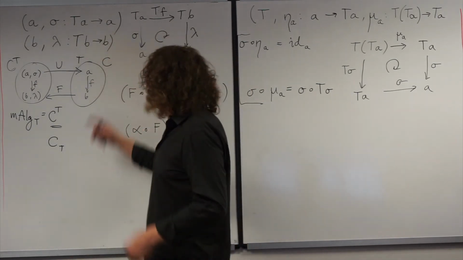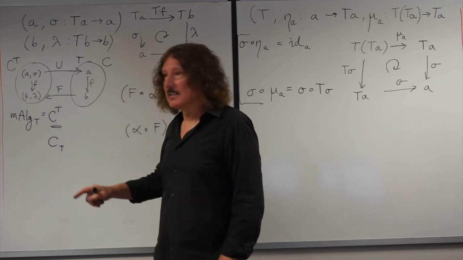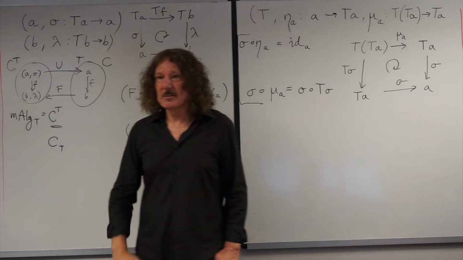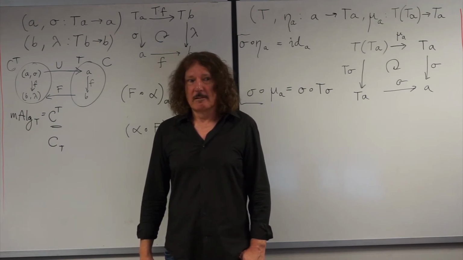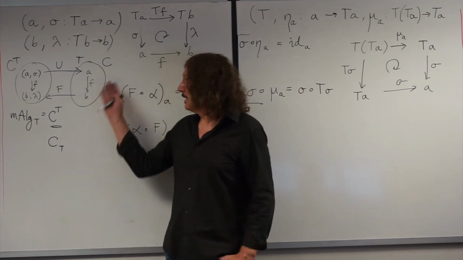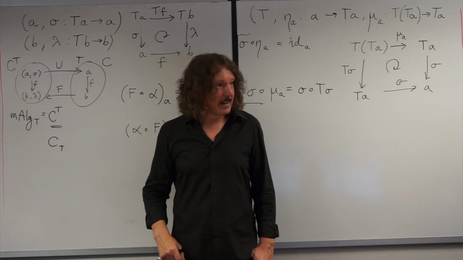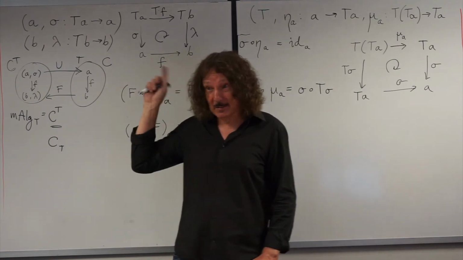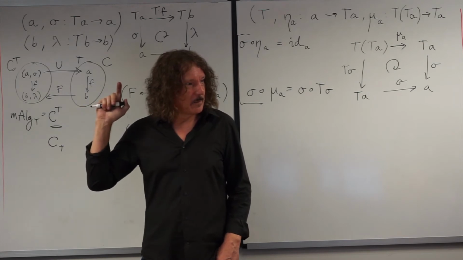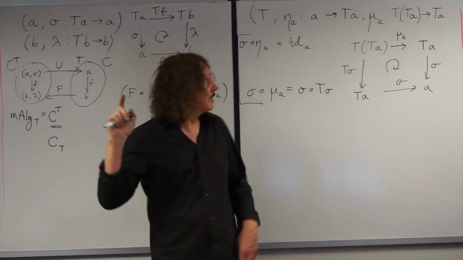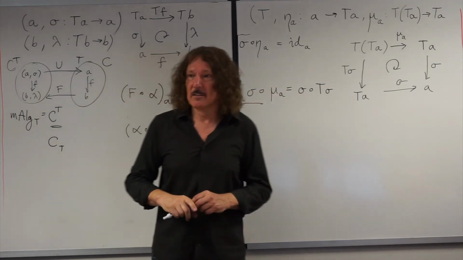But the question is, given an object A in here, how do I generate an algebra? I have to generate an algebra, and it has to be an algebra that's compatible with my monad. It has to satisfy these conditions.